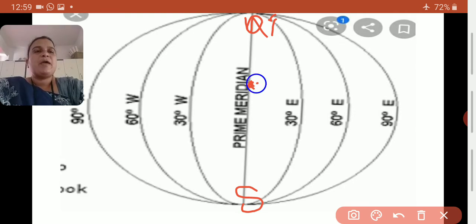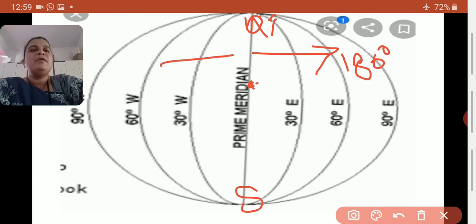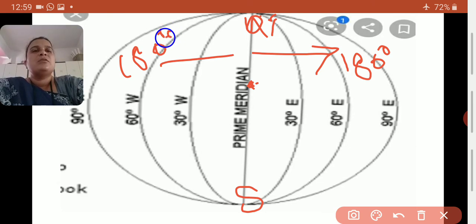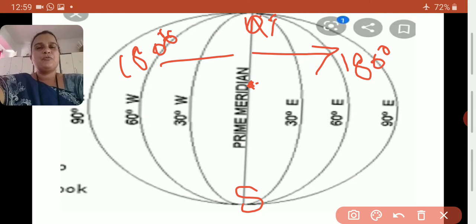And from this prime meridian, 180 degree east and 180 degree west, these lines are considered.